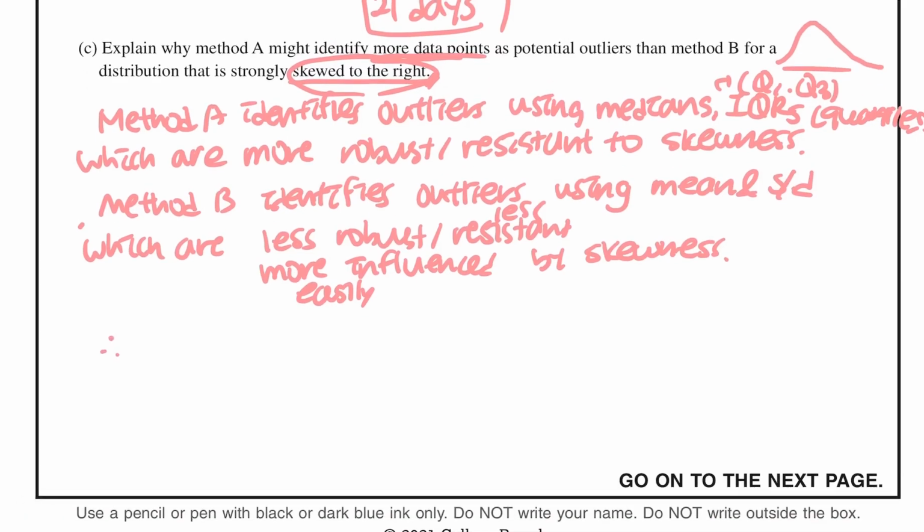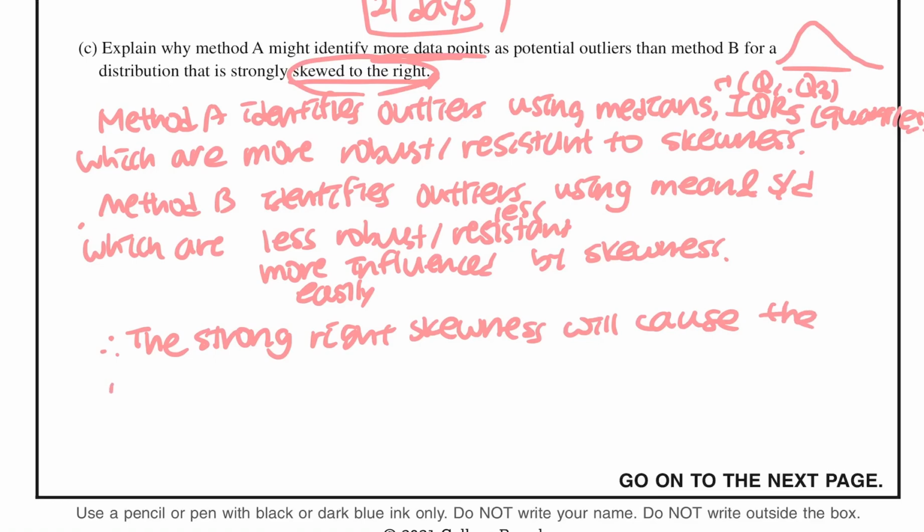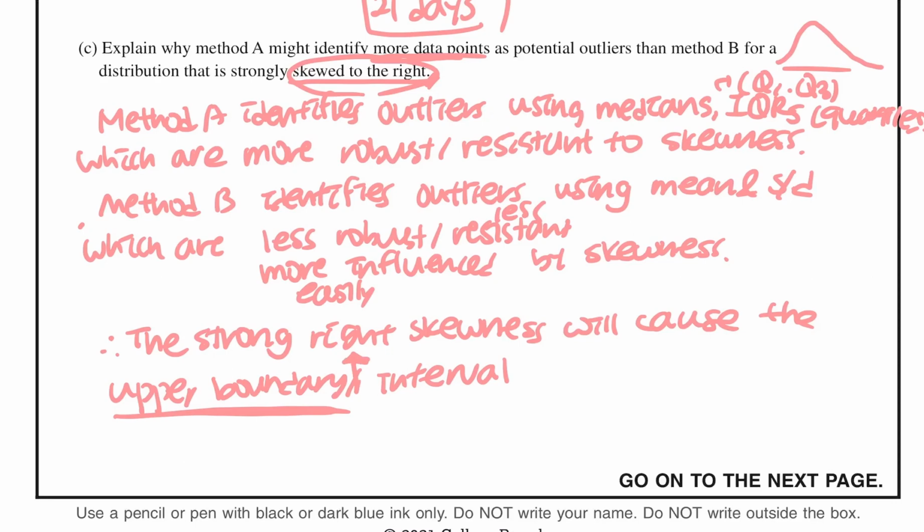Therefore, the strong right skewness will cause the upper boundary to be higher and the interval to be wider for method B. Because the upper boundary is higher, you're going to capture more numbers and include more numbers in your interval.